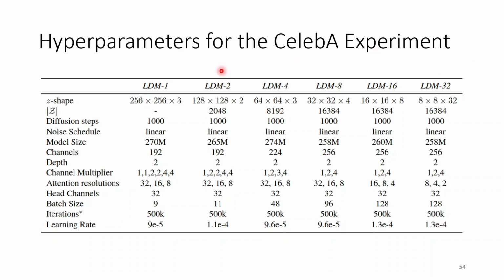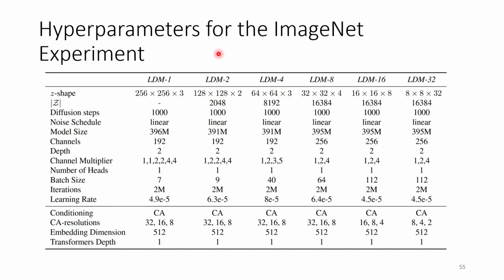This is just the table to show the settings. Here is another table for the ImageNet dataset. Again, you can see the scaling factors 1, 2, 32. Just keep it in mind.